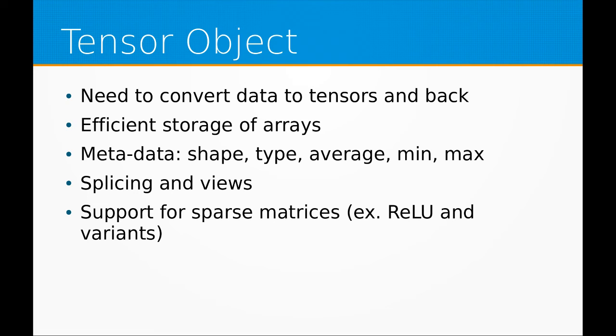That depends upon the use case. It makes sense to store only the non-zero values and their locations. That's a sparse matrix representation, and it is common in neural networks whenever you use things like ReLU or maxout layers.